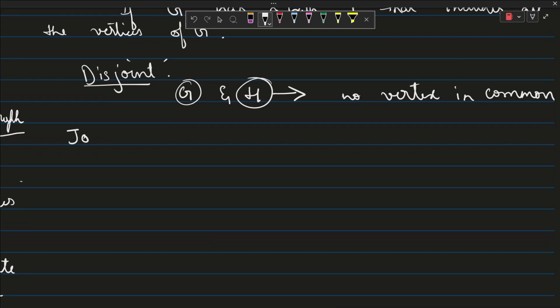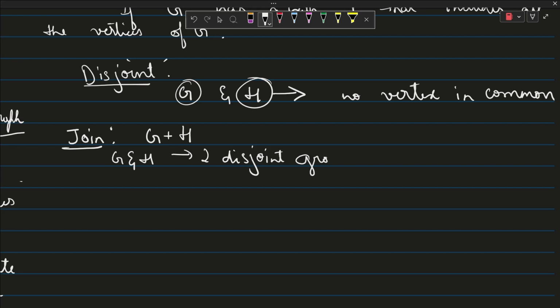So what is a join? Join is G plus H. So G and H are two disjoint graphs.